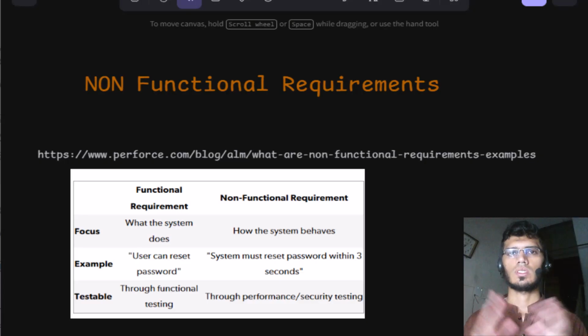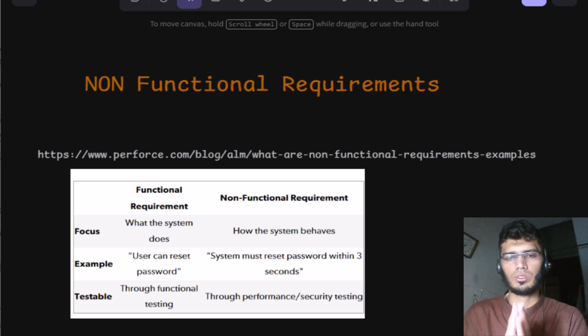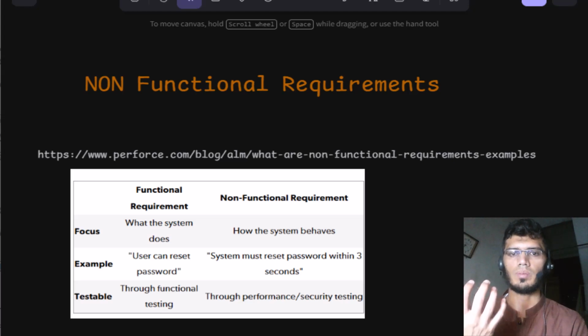Come towards another interview question of beginner friendly system design interviews that might be asked: what are non-functional requirements? Non-functional requirements ensure how well our system will perform.